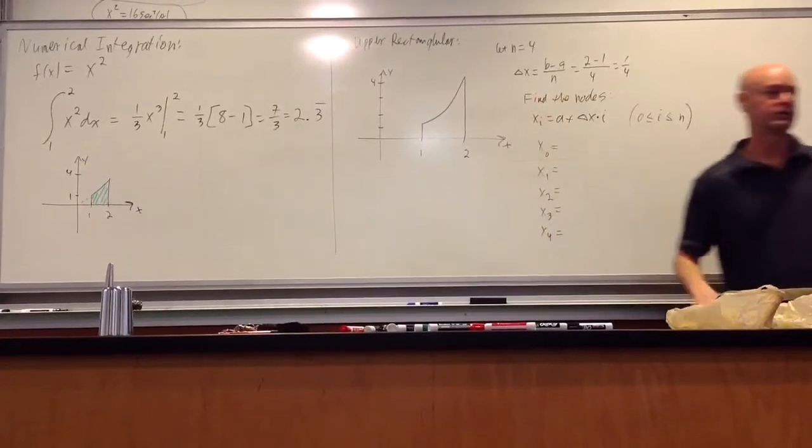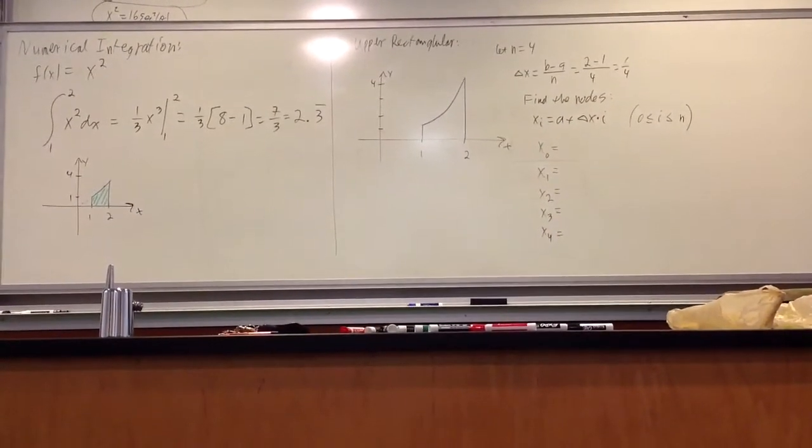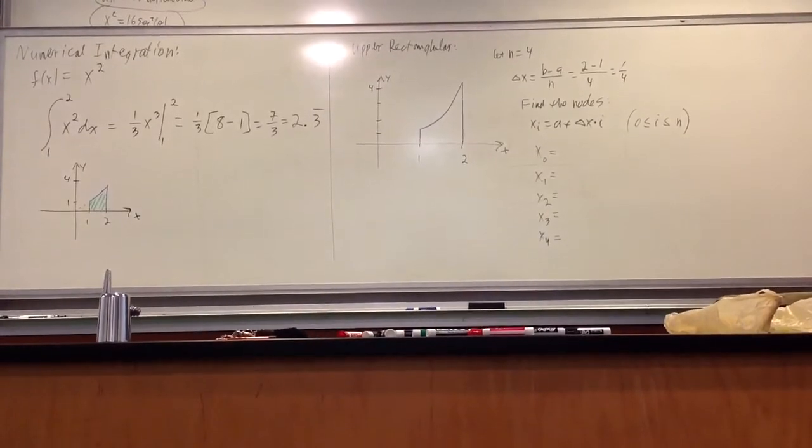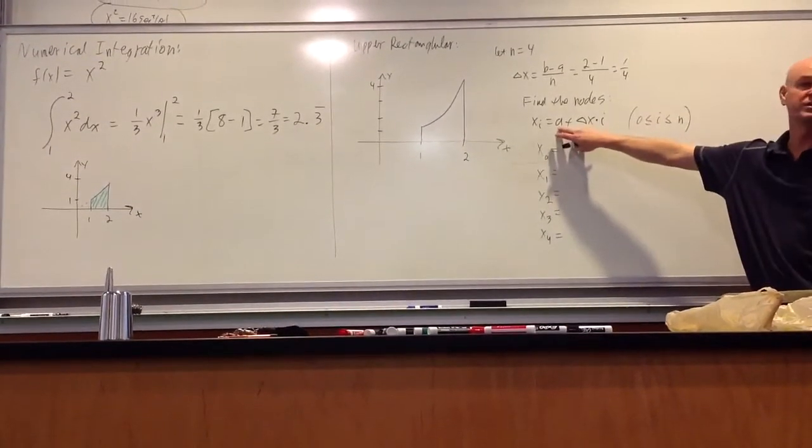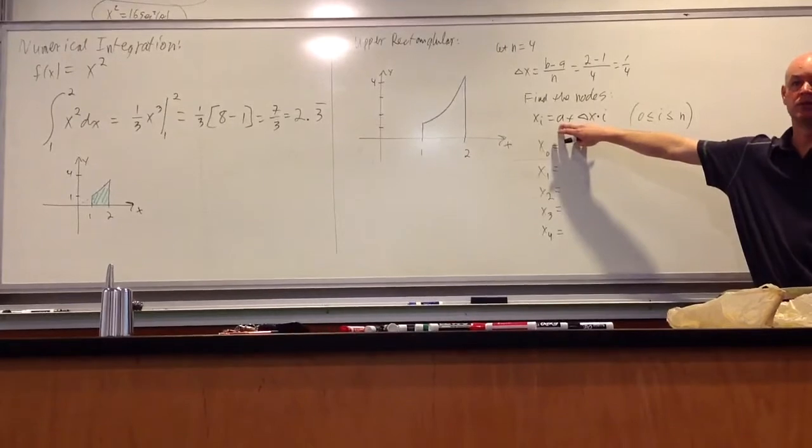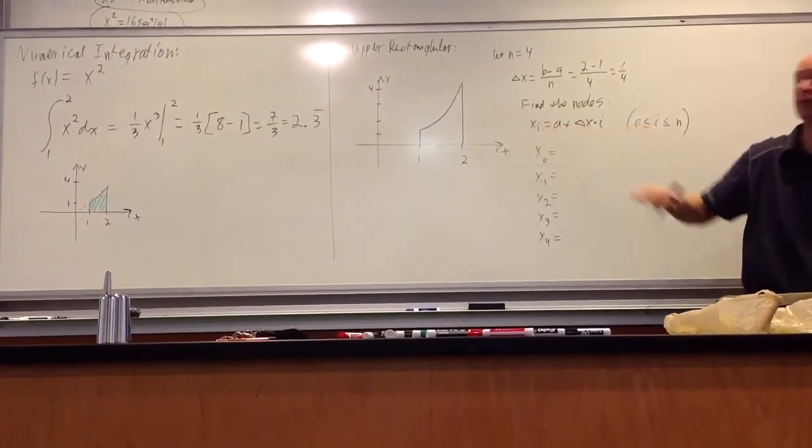So here are my node points, node values. What's A in this case? 1. We got to keep that in mind.